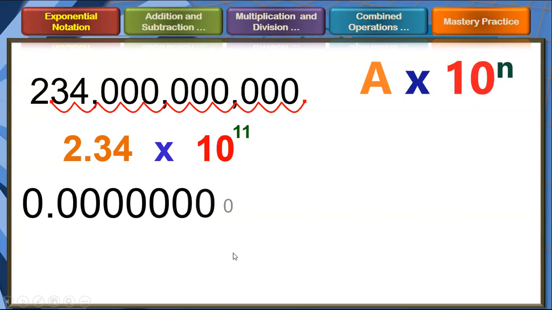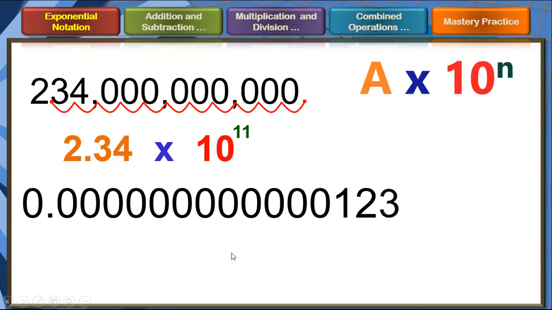Now let's have another number. This one is a very, very small number. As you can see, we have many zeros here, and we want to write it simpler. So how can we do it? We use again our scientific notation form, or standard form, or exponential notation.